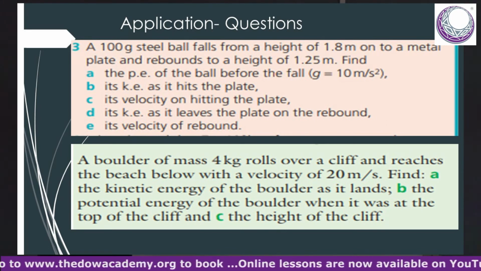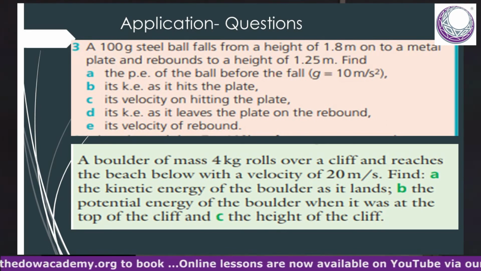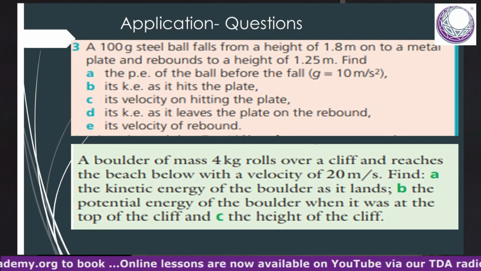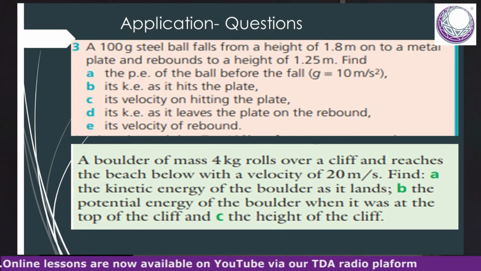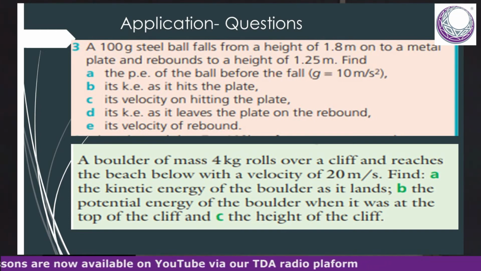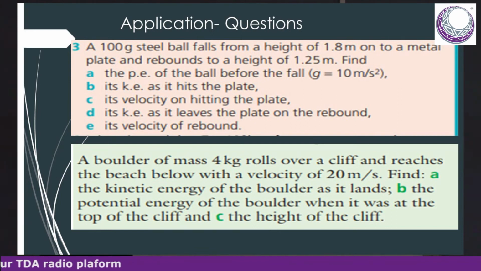It rebounds to a height of 1.25 meters. Find A, B, C, D as shown there. A, the g.p.e of the ball before the fall. It means the height is 1.8. Take note of the mass. Like I've said before in this question, take note of the mass. As a tip there, look at your mass. There's a conversion which you have to do. Then you continue to do the calculation.